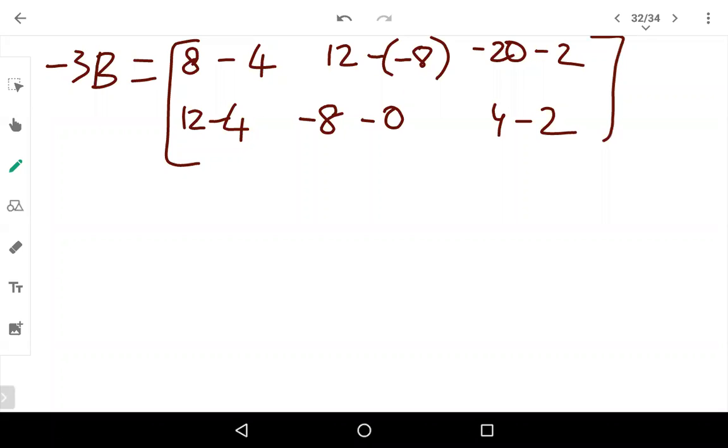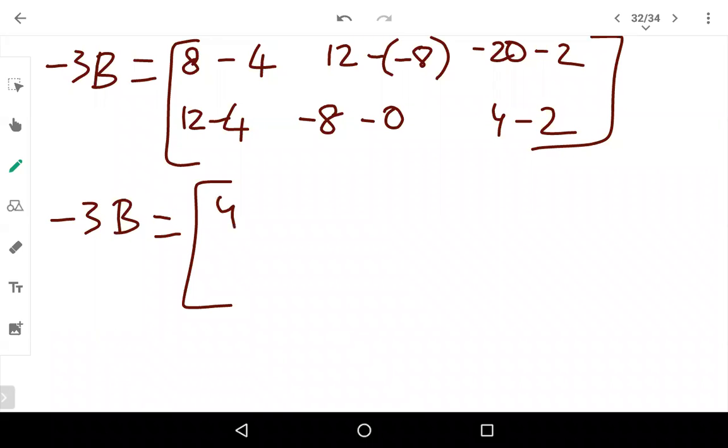Now tell me the final matrix here quickly. 8 minus 4 is 4. 12 minus of minus 8 is 12 plus 8, which is 20. Minus 20 minus 2 is minus 22. 12 minus 4 is 8.